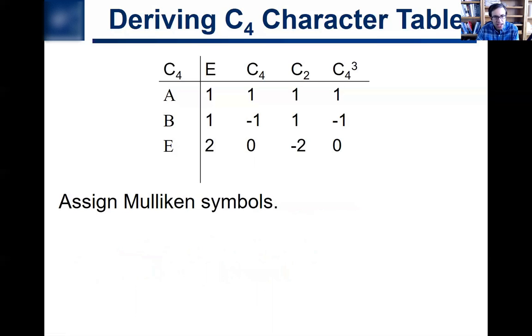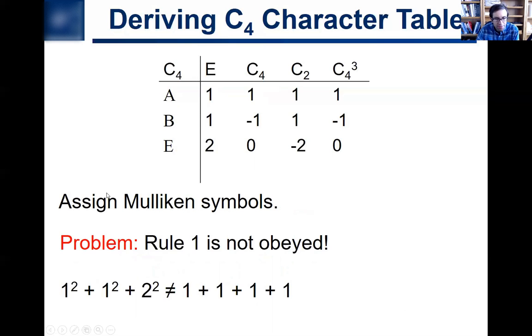Most of our rules are satisfied. We can assign the Mulliken symbols, A or B because of a dimensionality of 1, and E because of a dimensionality of 2. And A because we're symmetric with C4, the principal rotation axis, and a -1 gives us a B for the second irreducible representation.